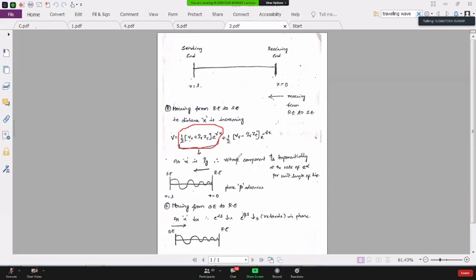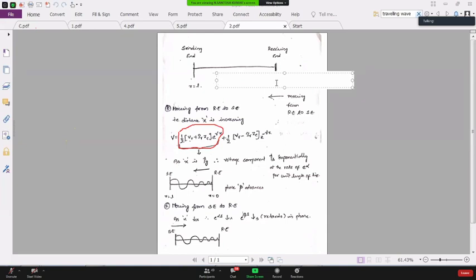As we are moving from the receiving end to the sending end, analyze this point here: as the x value is increasing. Previously x is 0, now x is 1, now x is 2, like that.